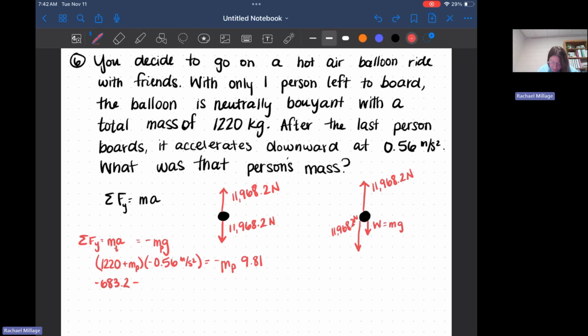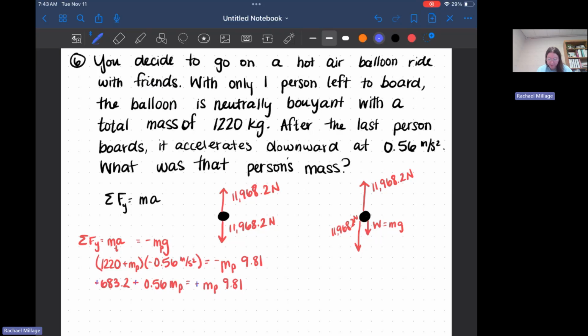So minus 0.56 mass of the person equals minus mass of the person times 9.81. Actually, what I'm going to do first is multiply everything by -1, because all of our terms right now are negative, so I can make it all positive. Now I'm going to divide both sides by 9.81.